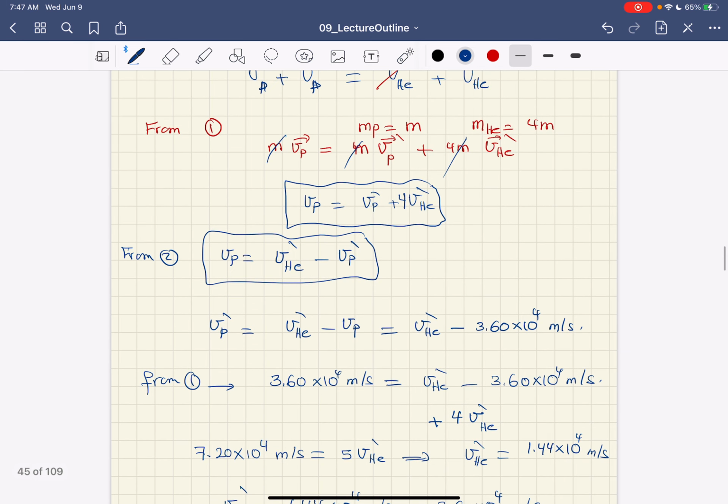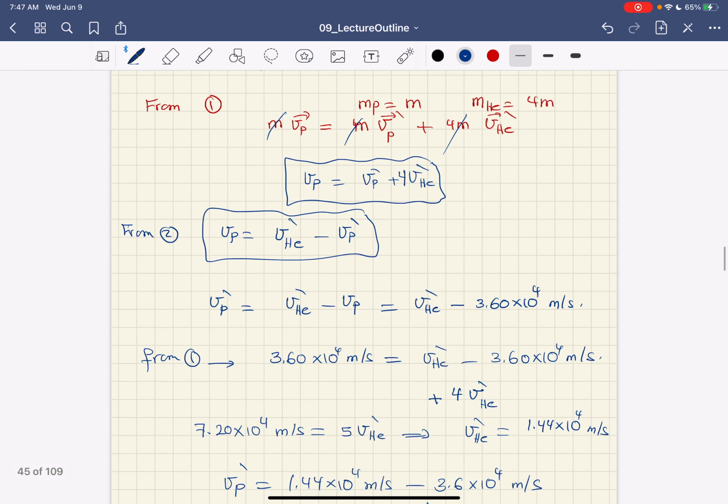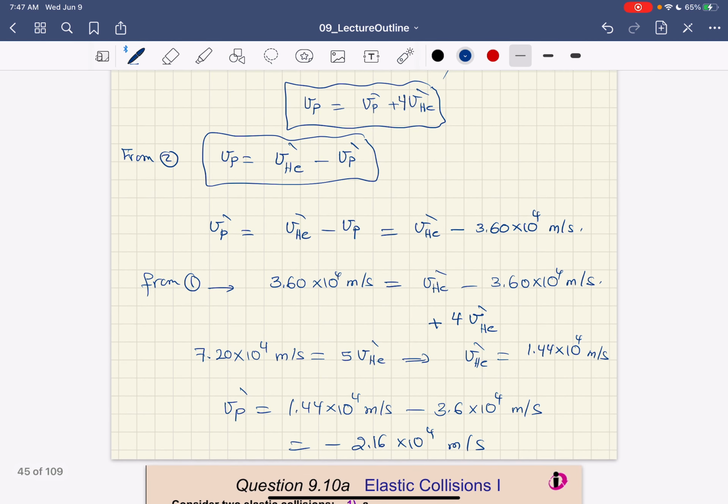Then finally, I plug this into number 1. Then I will calculate the velocity of the helium after collision, which is this one. And this is Vp prime, the velocity of the proton after the collision.